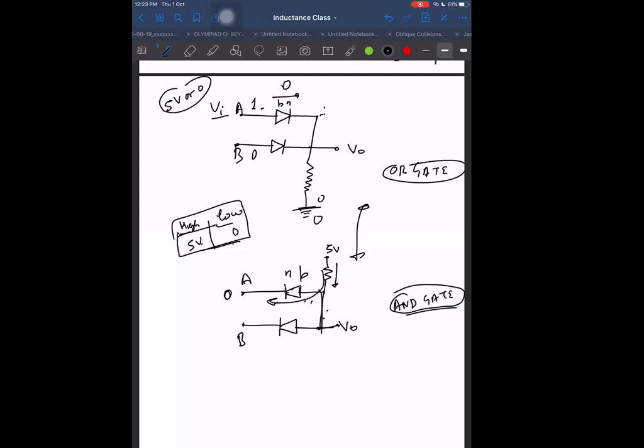Then the output obtained is 0. Any one of these is 0, then also the output obtained is 0. But if both of these are 5, then the output obtained will also be 5. That happens when it is an AND gate. So it is an AND gate only. Is it clear?